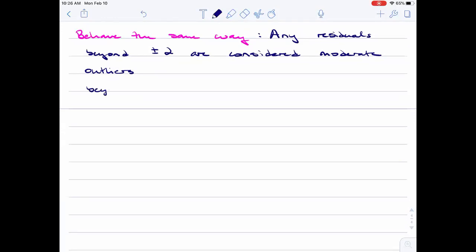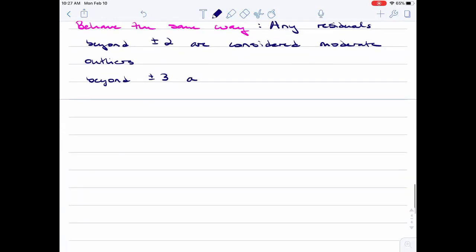And beyond plus or minus 3 are considered serious outliers.